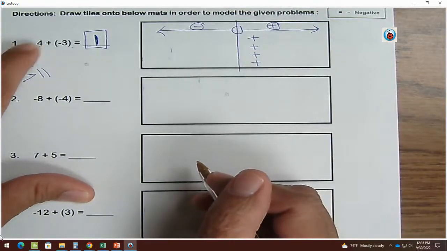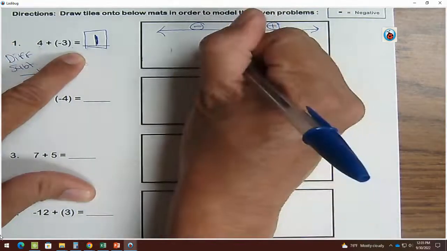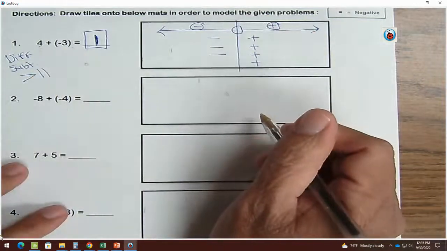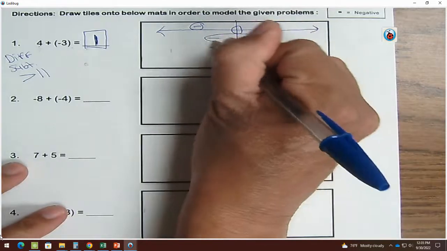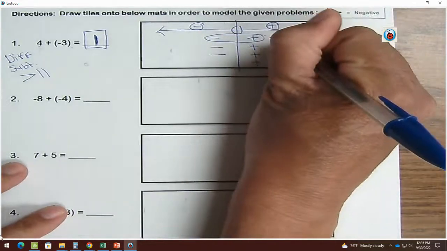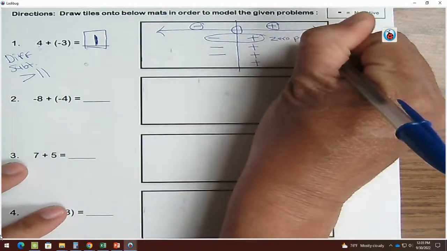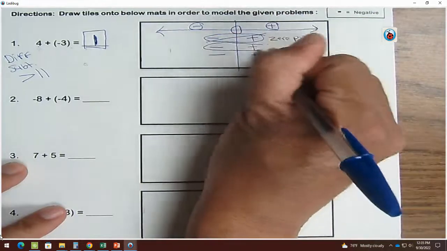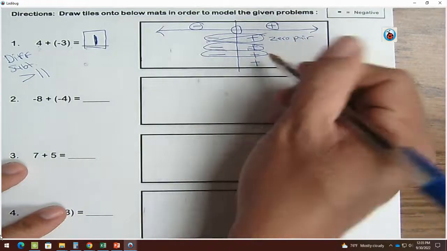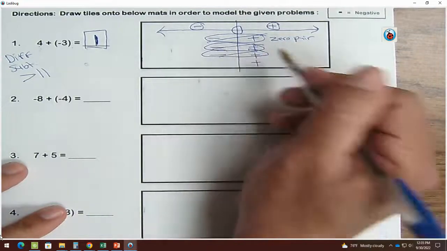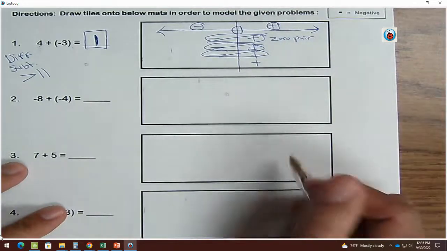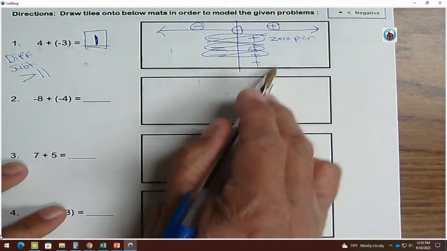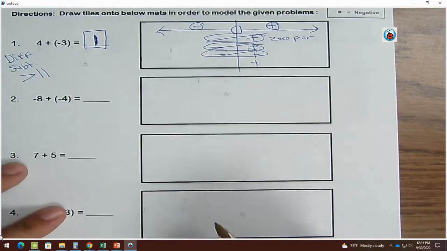And then there's 3 negatives. 1, 2, 3. Now we talked about 0 pairs, so this guy would be a 0 pair. That means that it's basically canceled. It's gone. Another 0 pair. Another 0 pair. So these guys, they cancel each other. They're gone. The only thing that's left is 1, which is what we have, and it's positive. That's why the answer is positive 1.